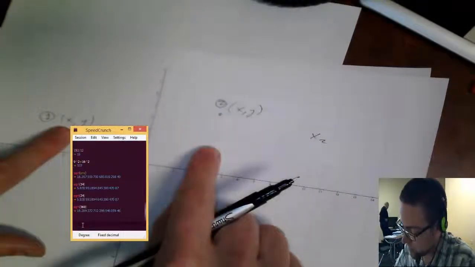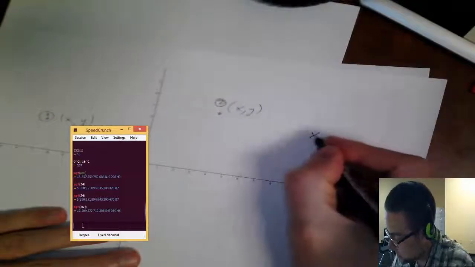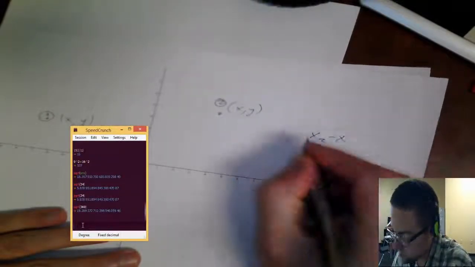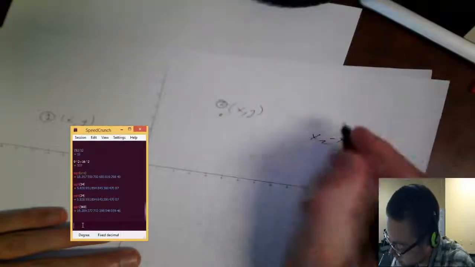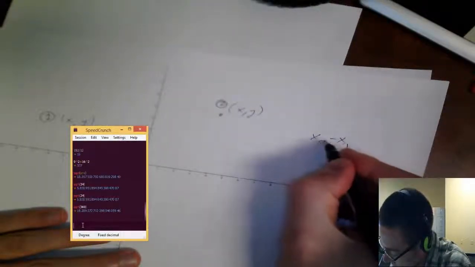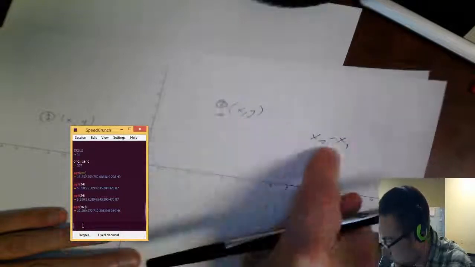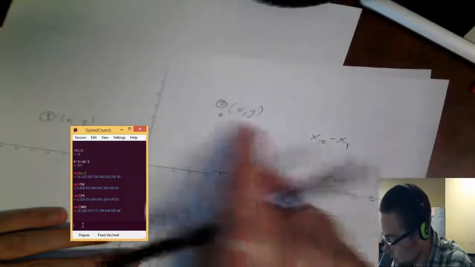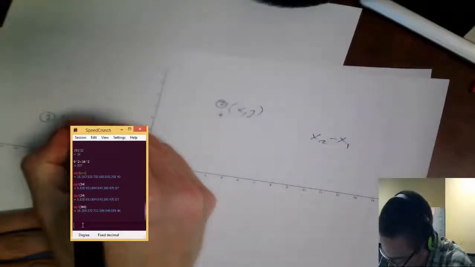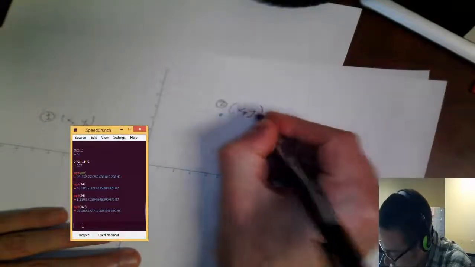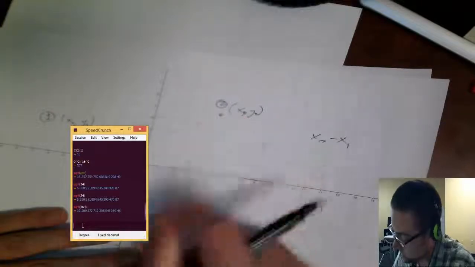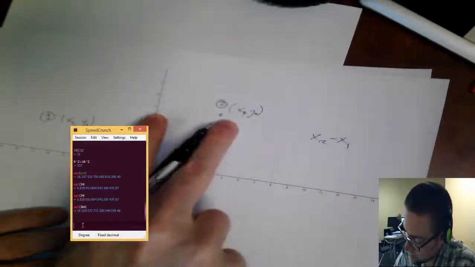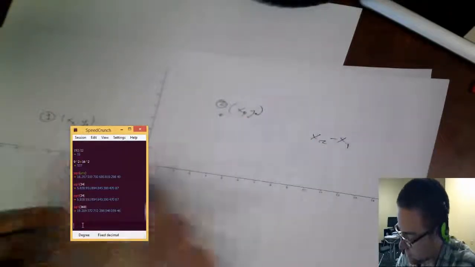The difference is subtraction. So x2 minus x1. These subscripts actually represent the number of the point, not doing anything to it. Just to distinguish between this one and this one, I'll call this one x1 and this one x2. So x2, that distance, minus that distance.